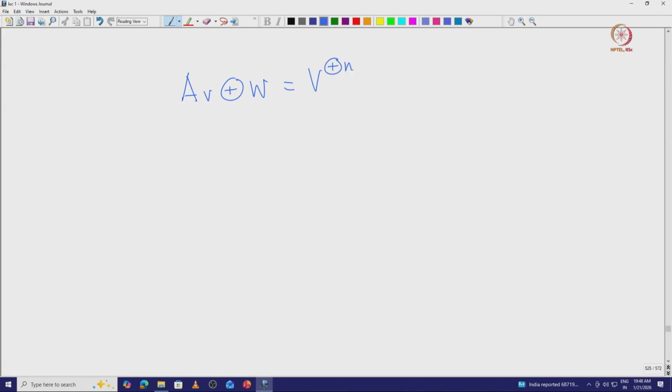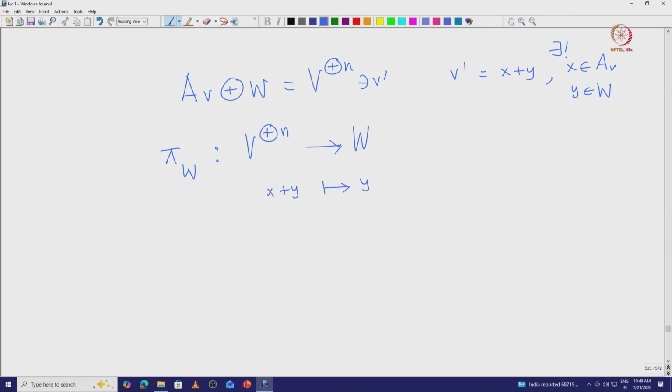This allows us to define the projection on W. If we consider this projection on W, then this is a map from V direct sum n to W. Basically any element here is going to be written as some x plus y, with x coming from AV and y coming from W, and this is a unique choice for us. Then you take this x plus y and map it to y. So, this is the projection that we are talking about.